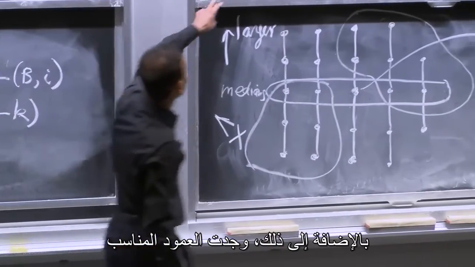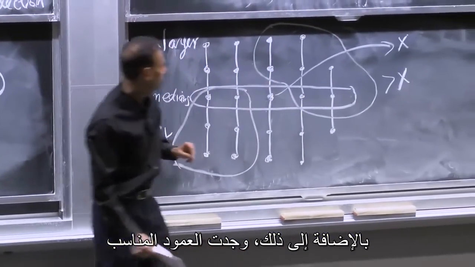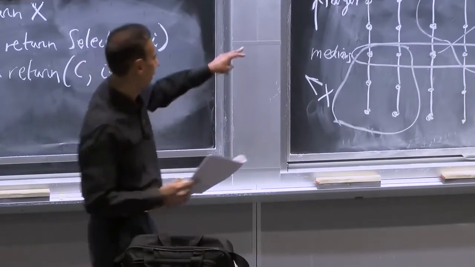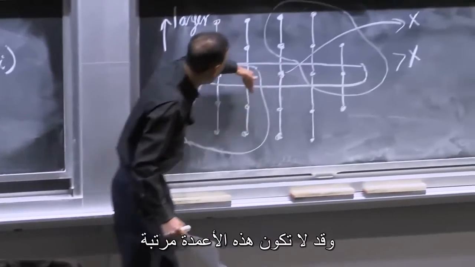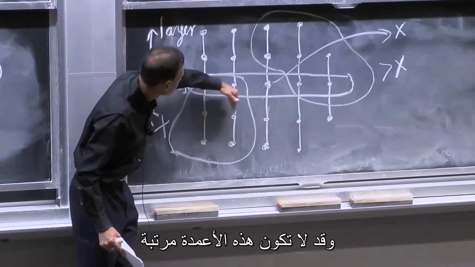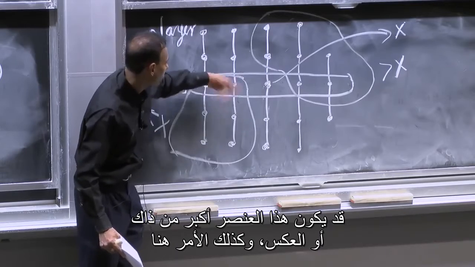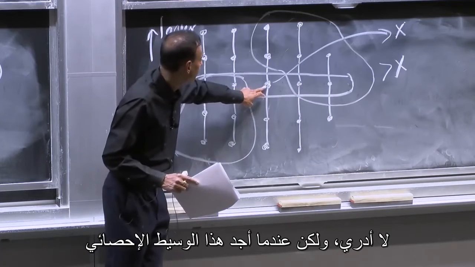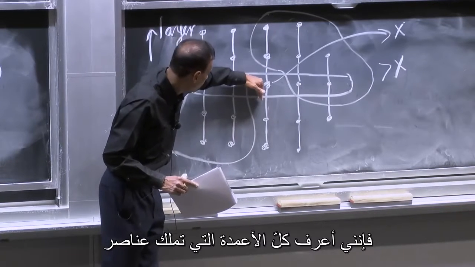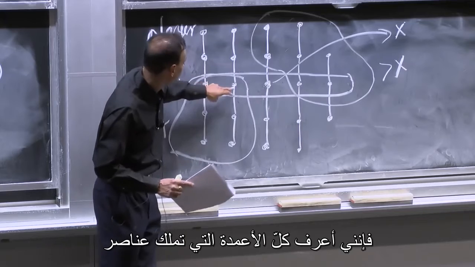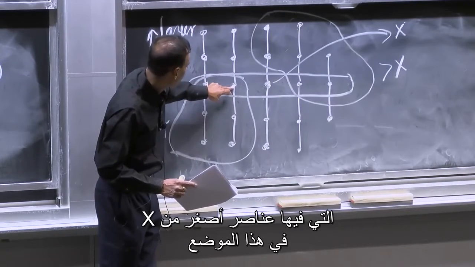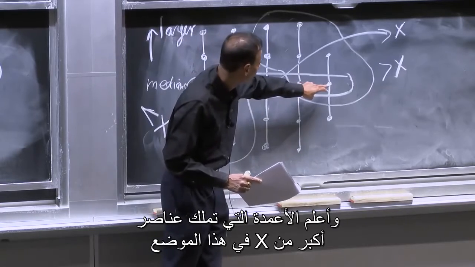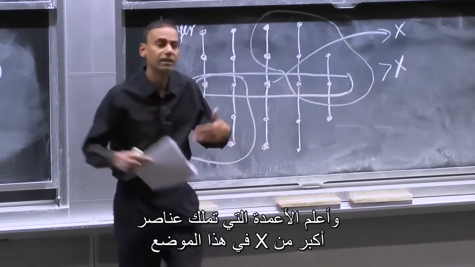On top of that, I've discovered the particular column that corresponds to the median of medians, and this is my x over here. And it may be the case that these columns aren't sorted. This one may be larger than that, or vice versa, same thing over there. I have no idea. But it's guaranteed that once I find this median, I do know all of the columns that have elements in this position that are less than this x, and I know columns that in this position have elements that are greater than x.